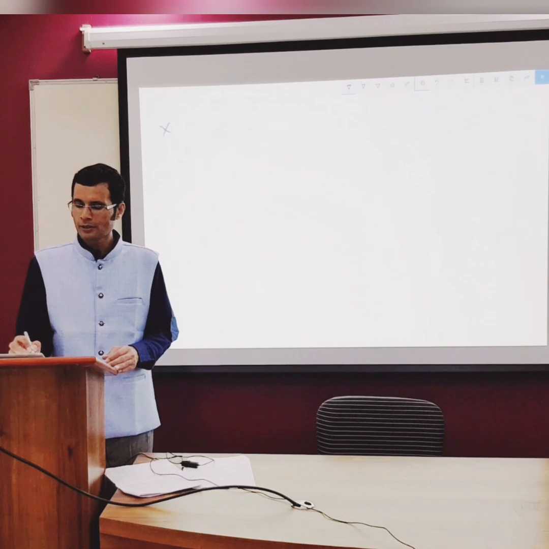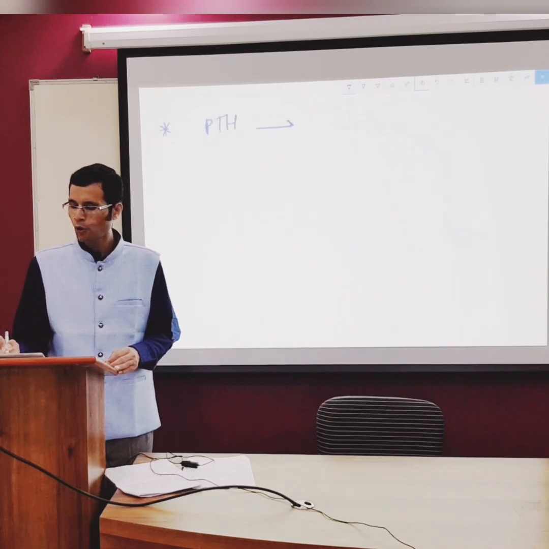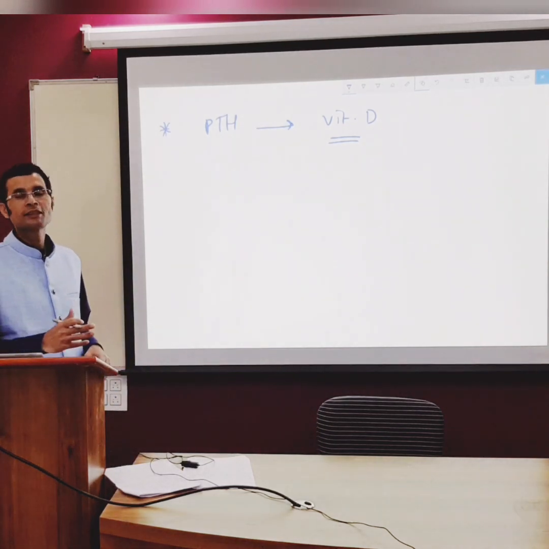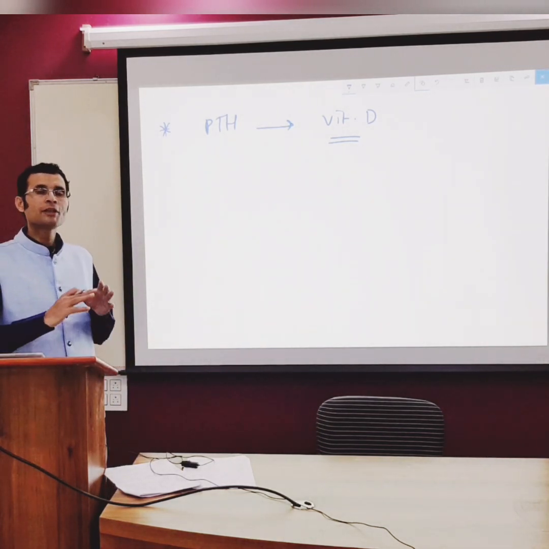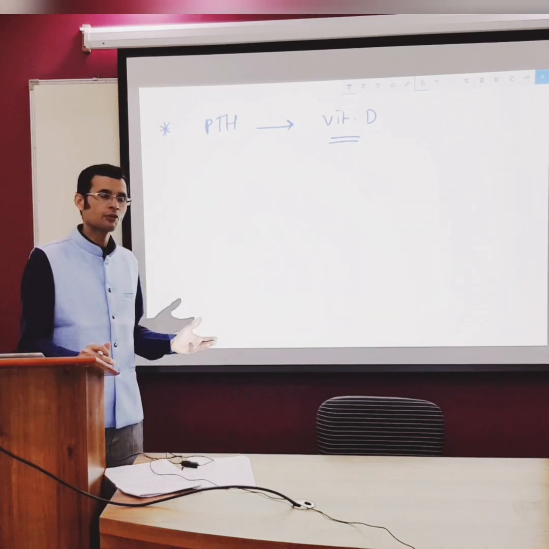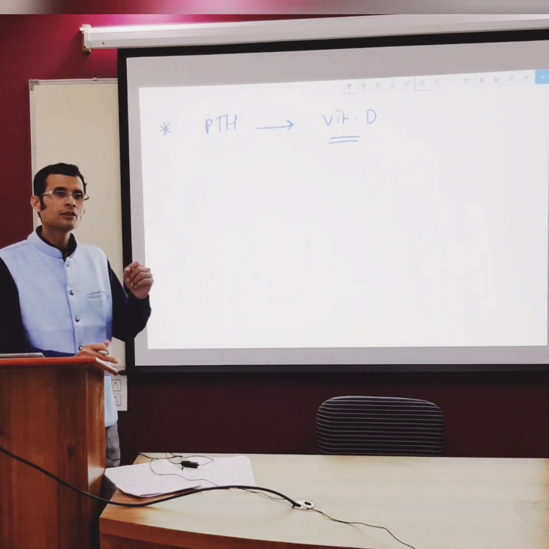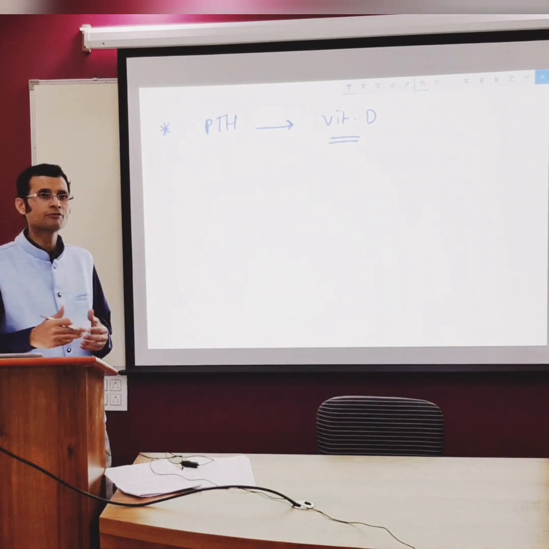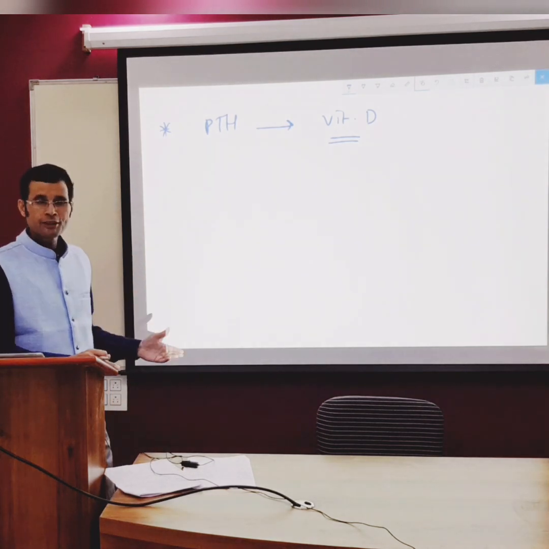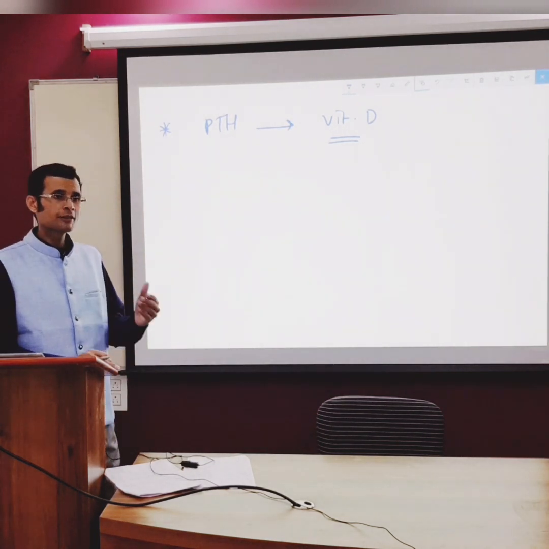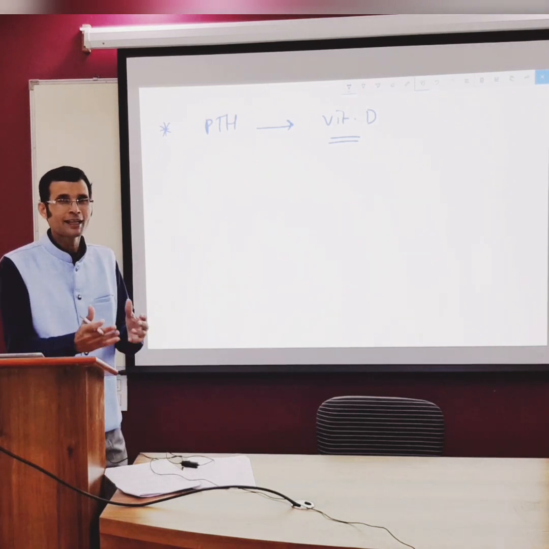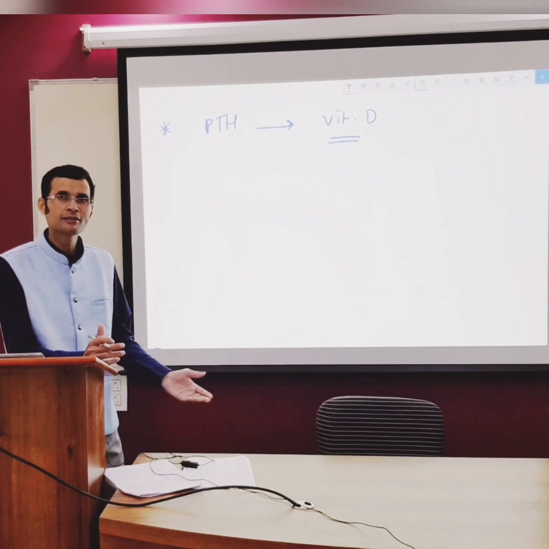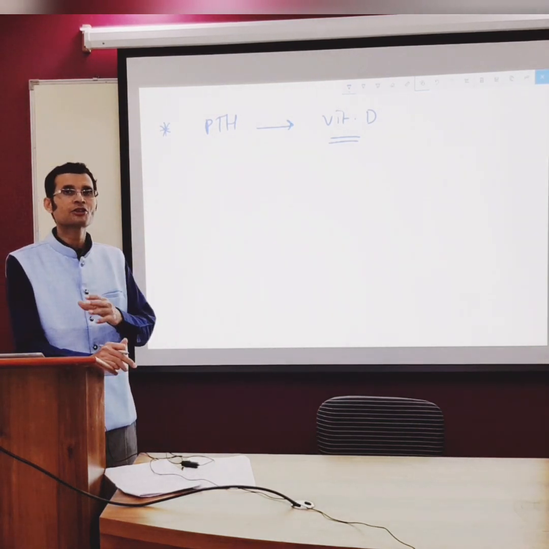Or one more example is action of parathyroid hormone via vitamin D to increase the serum calcium. You know, we have the calcium sensors in our body. They are sensing the calcium levels very regularly, very frequently, and just in anticipation that the serum calcium is going to decrease, the parathyroid will come into action.